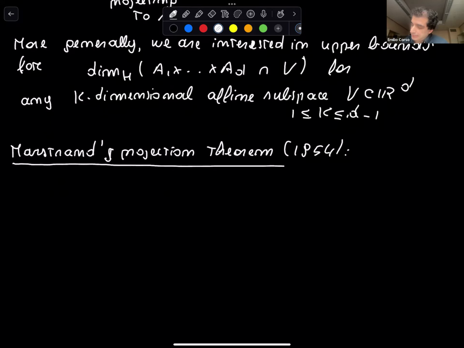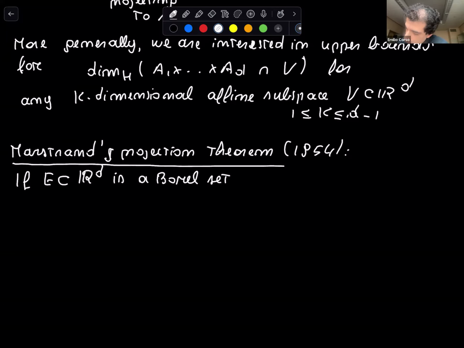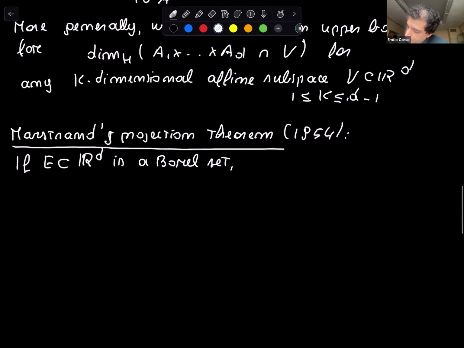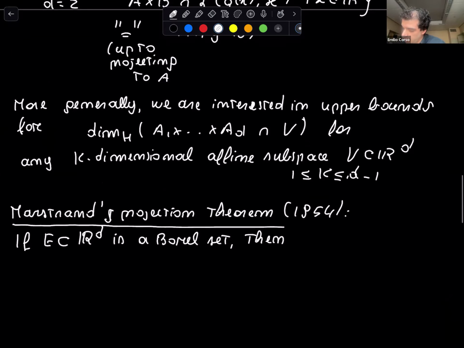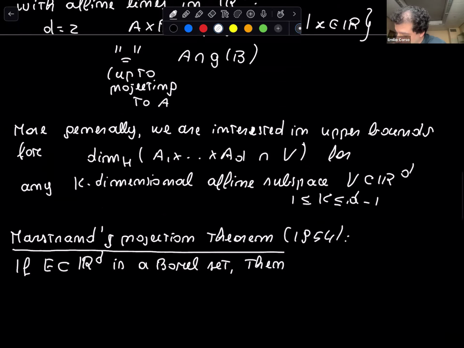So if E in RD is a Borel set, then if you look at the Hausdorff dimension of the orthogonal projection of this Borel set onto k-dimensional subspaces, it will be more convenient in what follows to parameterize V above by the codimension instead of the dimension, for reasons which will become clear.